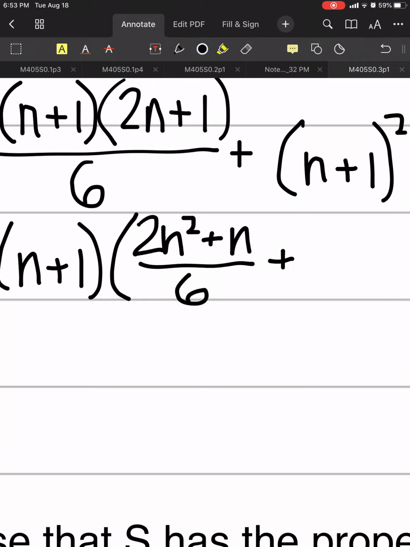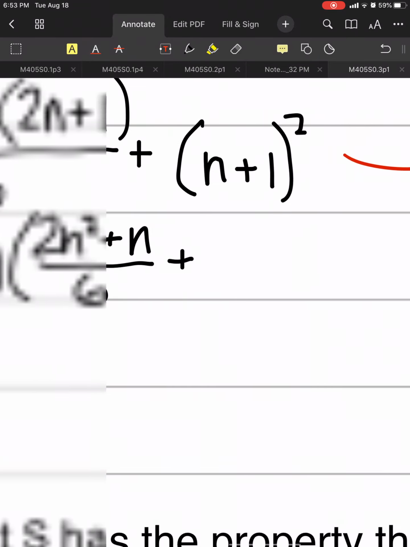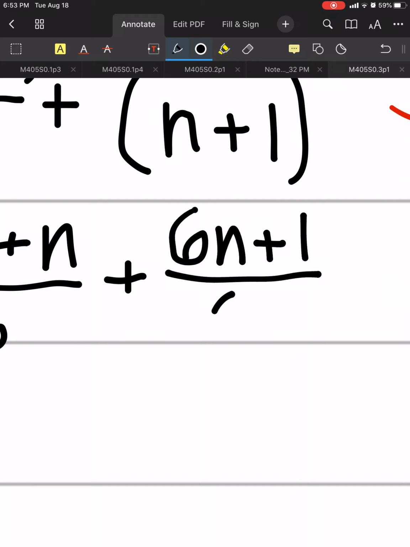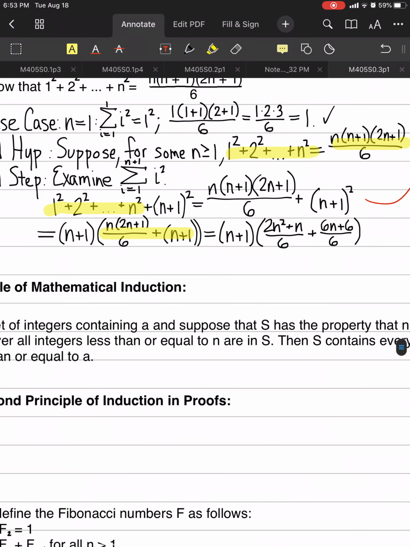And then if I multiply and divide this n plus 1 by 6, I get 6n plus 6 over 6. There we go. So all I did there was get a common denominator, expanded the first one.